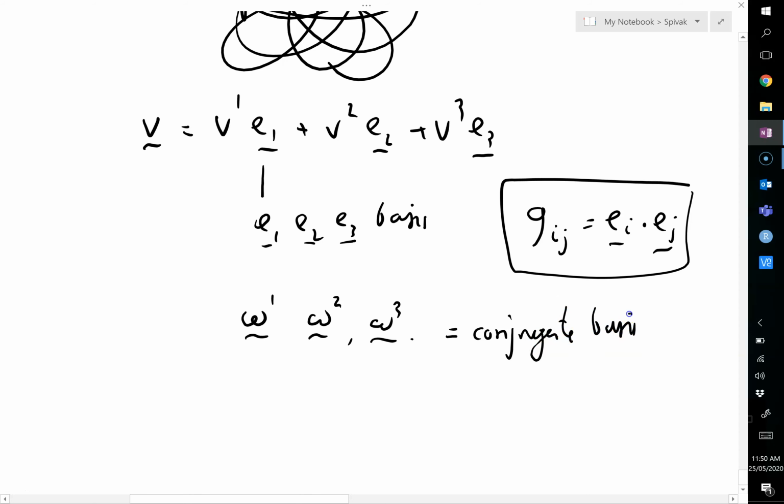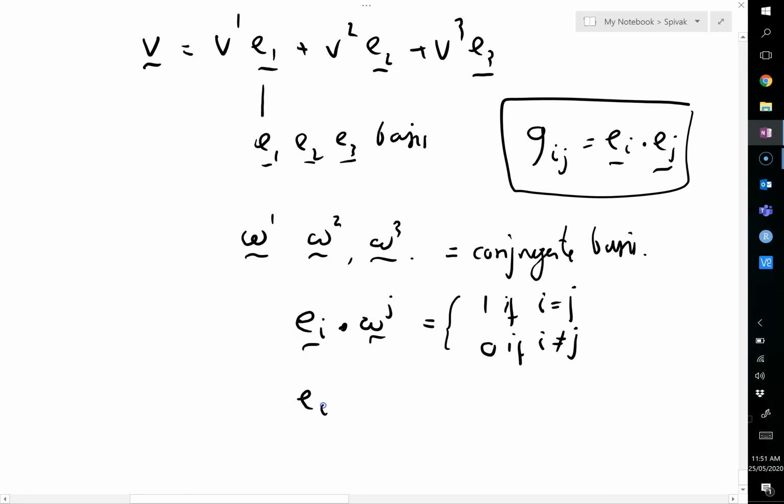We've specified that e_i, the e's have got the downstairs ones, dot omega^j upstairs equals 1 if i equals j and 0 if i is not equal to j. And we write that e_i dot omega^j equals, and then a new concept, delta_ij, and that's called a Kronecker delta.